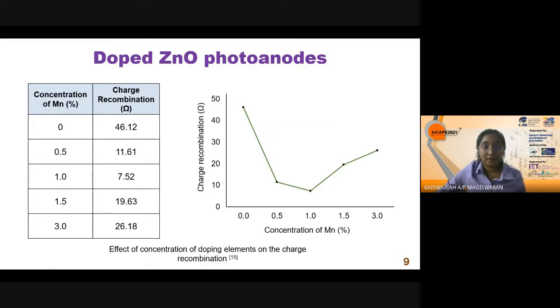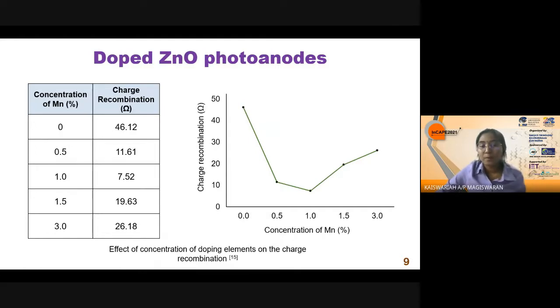This table and the graph show the effect of the concentration of doping elements on the charge recombination. The charge recombination process decreases when the amount of manganese nanoparticle increases. This is due to the manganese nanoparticle functioning as an electron hole separation center.